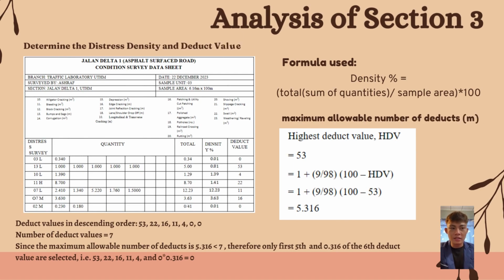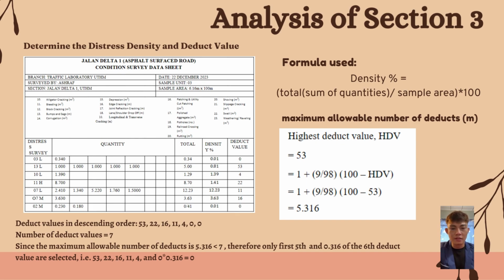Moving on, analysis of section 3. As usual, we need to determine the distress density and deduct value. In the table, we can see the highest deduct value is 53. So we apply in the equation 1 plus 9 divided by 90-something times the 100 minus HDV. So we get the value 5.316.